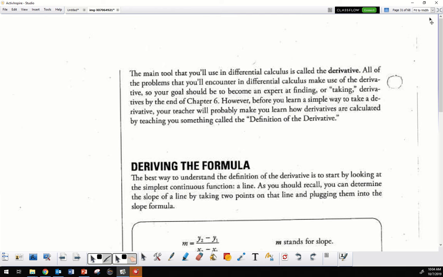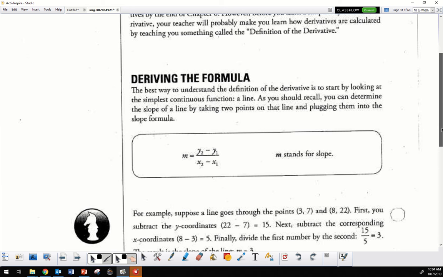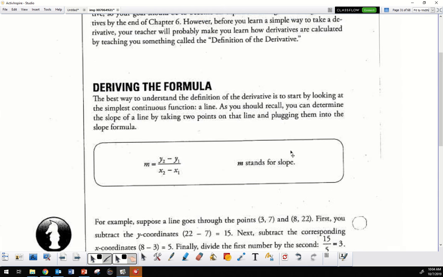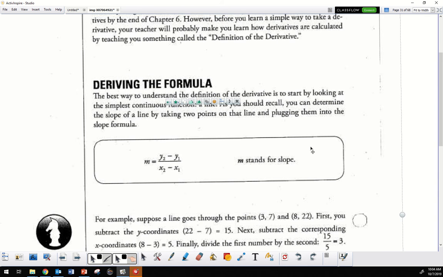Okay, all right, so deriving the formula. Whenever we're doing this, it's slope. The derivative is the slope, right? It's the rate of change. It is the rise over run.